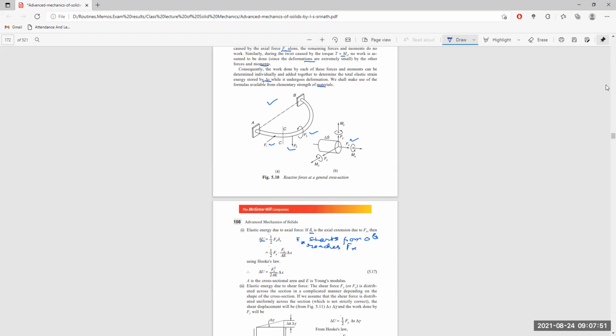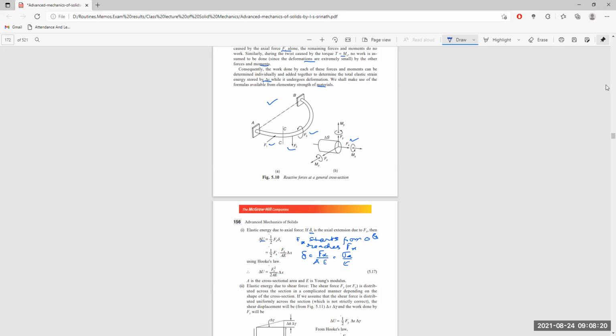So its average is taken here. That's why we have this half, and this average force multiplied with delta X is the strain energy stored here. Now, we know our strain is Fx divided by A multiplied by the Young's modulus E, which means sigma X by E, or sigma X is proportional to strain.